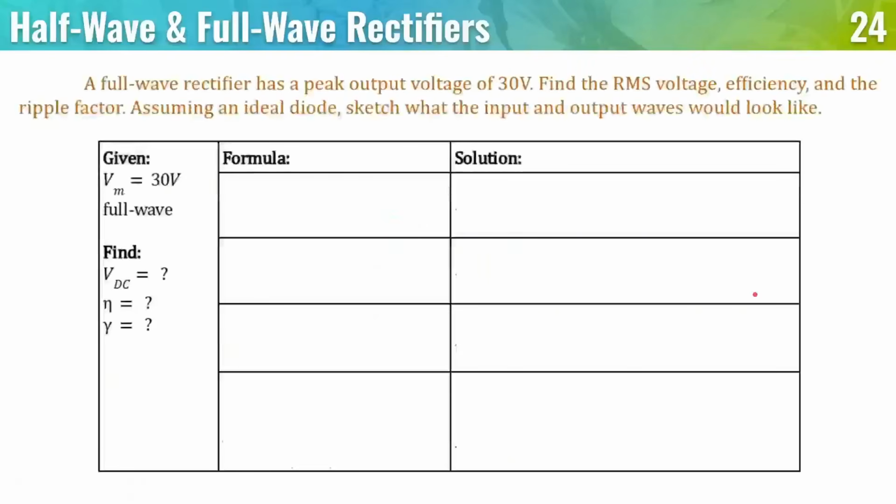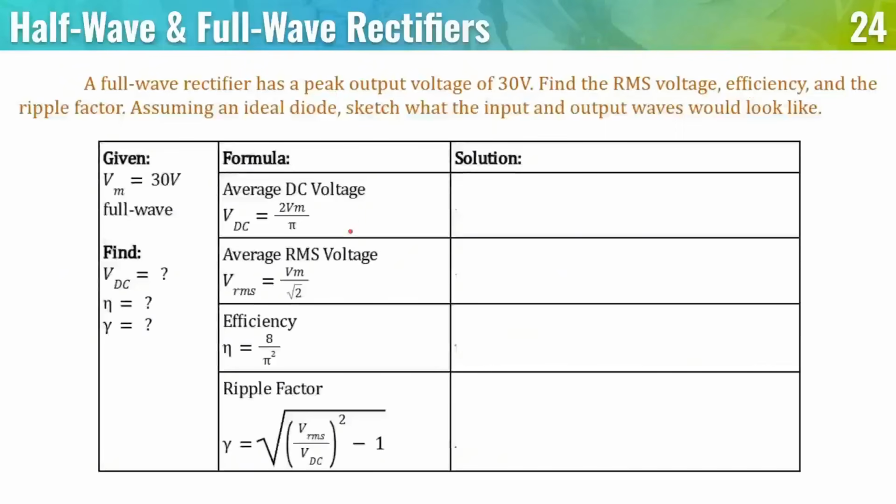Okay, so same as earlier, you may notice that we're just looking for the RMS voltage, the efficiency, and the ripple factor. However, if you're computing for the ripple factor, you also need to compute the average DC voltage.